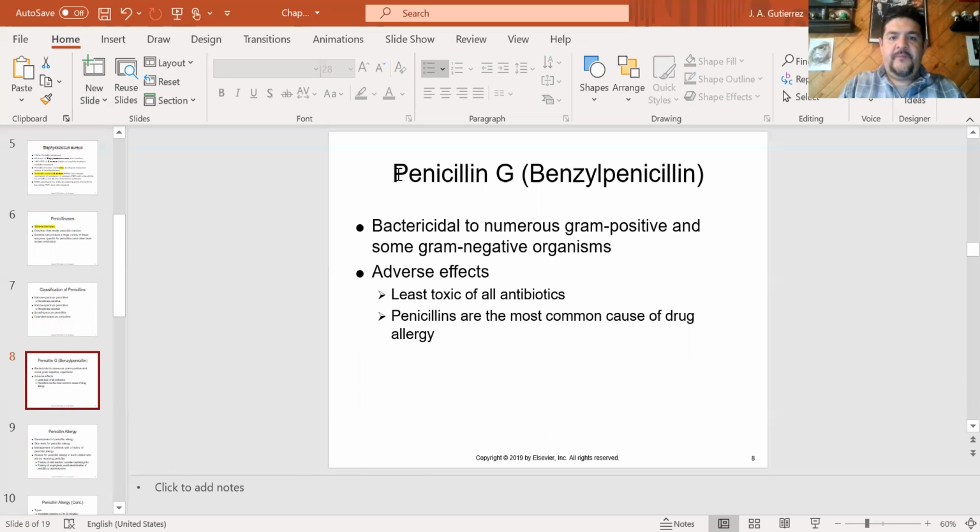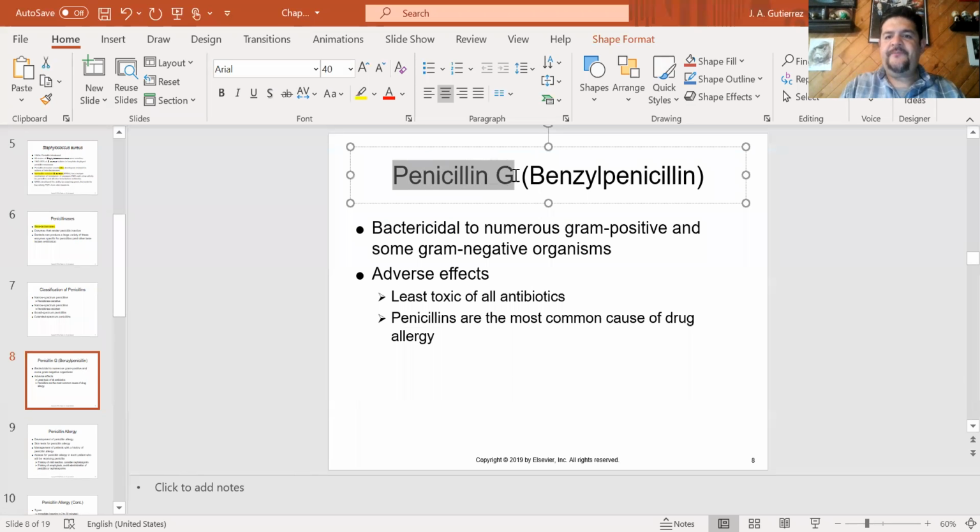Okay, so penicillin G, or benzylpenicillin, is one of the most common penicillins used. This type of penicillin, penicillin G, can be found IV or intramuscular.